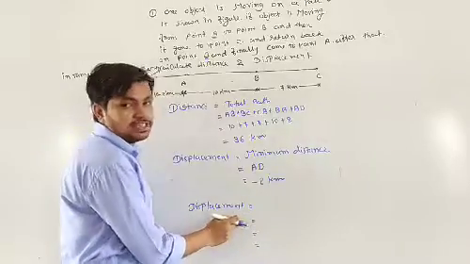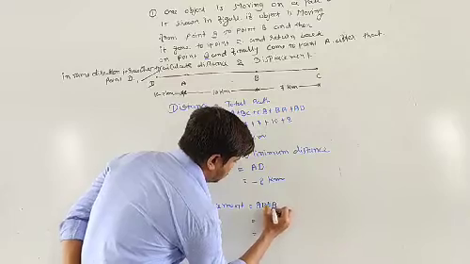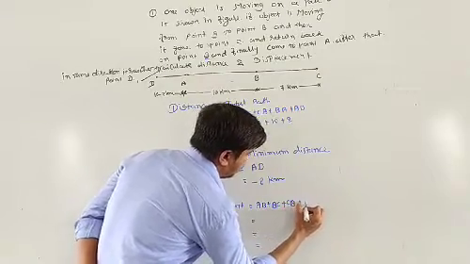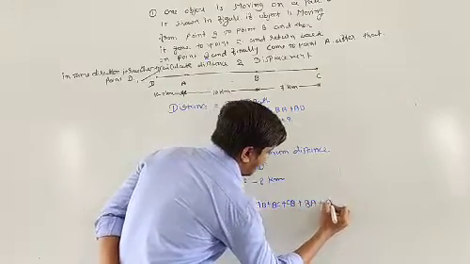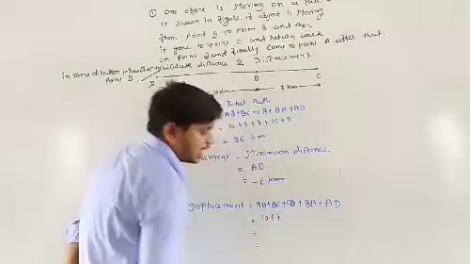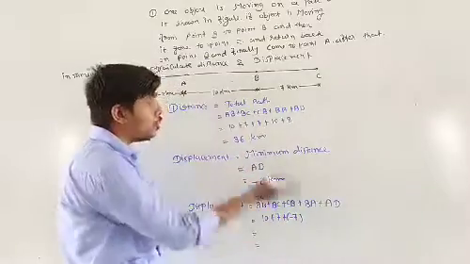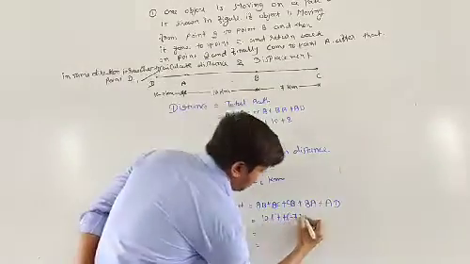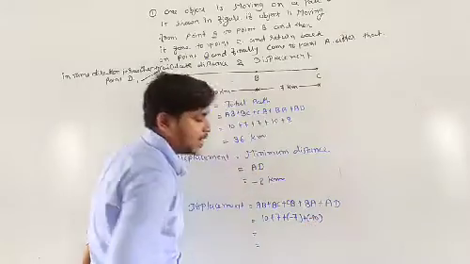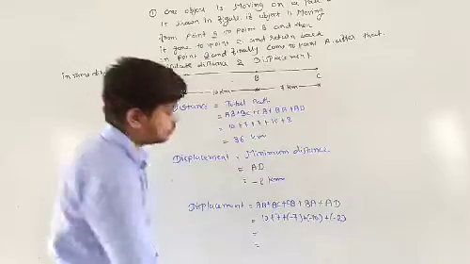Or you can easily understand by this one. A to B, B to C, C to B, B to A, and A to D. For AB, 10, here 7. CB is the return, minus 7 in the opposite direction. BA is also opposite, minus 10, and AD is also opposite, minus 2.